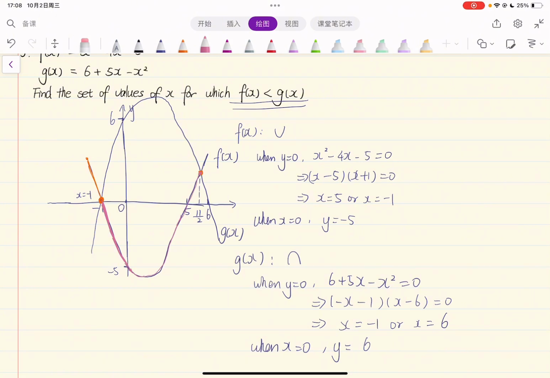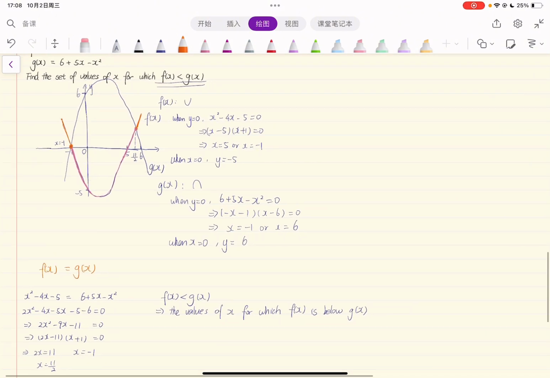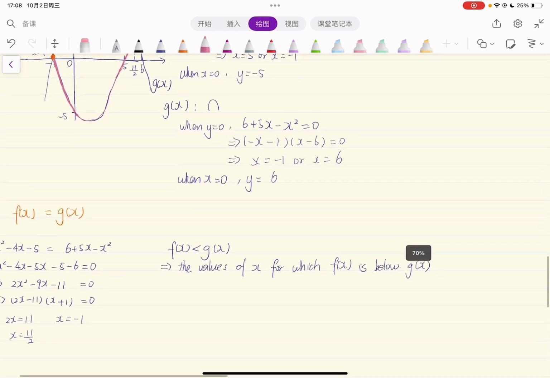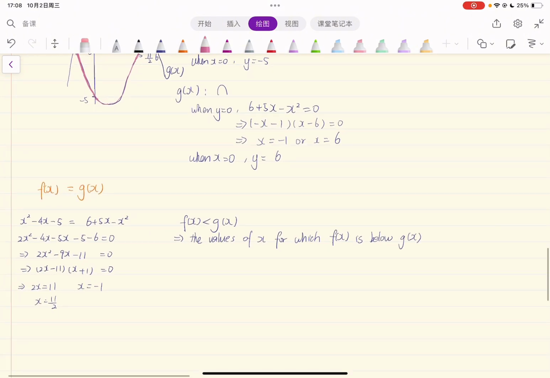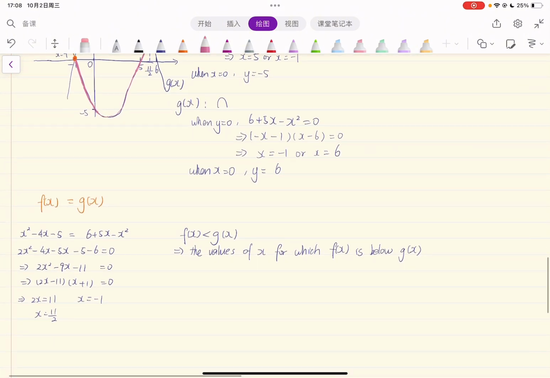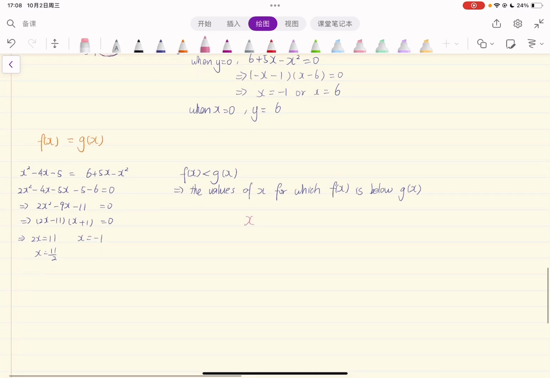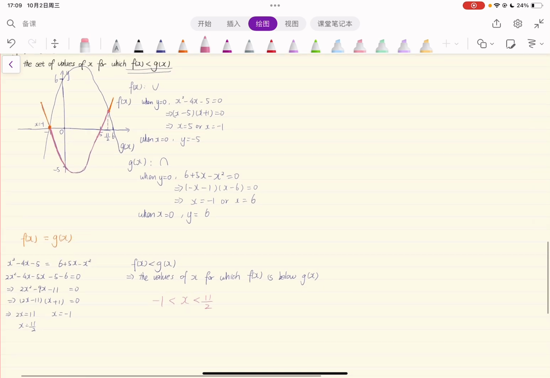And over here, at the second intersection point, it changes, and f(x) is above g(x). So the purple one, or maybe the pink one, I'm not really sure what color that is, is x between 11/2 and minus 1. So x is less than 11/2 and greater than minus 1. That is the answer.